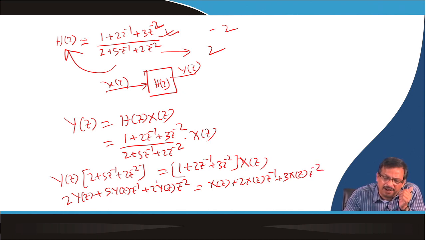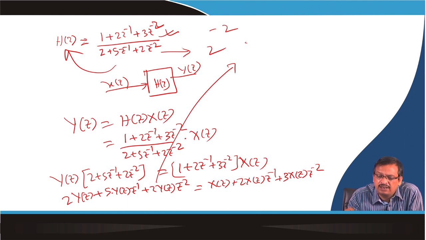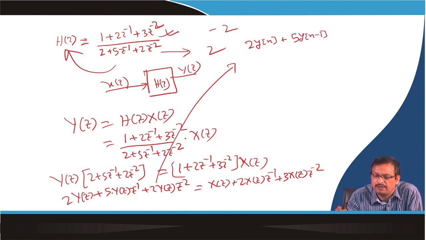Now if I see the impulse response, it is nothing but 2 into y(n) plus, since z^-1 means the signal is delayed by one sample, 5 into y(n-1) plus 2 into y(n-2) is equal to x(n) plus 2 into x(n-1) plus 3 into x(n-2).